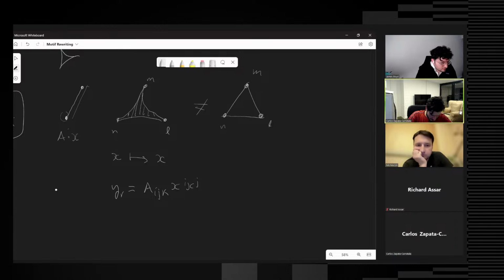So this is k. You can just do it like that: x_i x_j. And then a_ijk is the adjacency hypermatrix of an order 3 hypergraph. So this is x_i, this is x_j, this is y_k, and this is a_ijk in the middle.